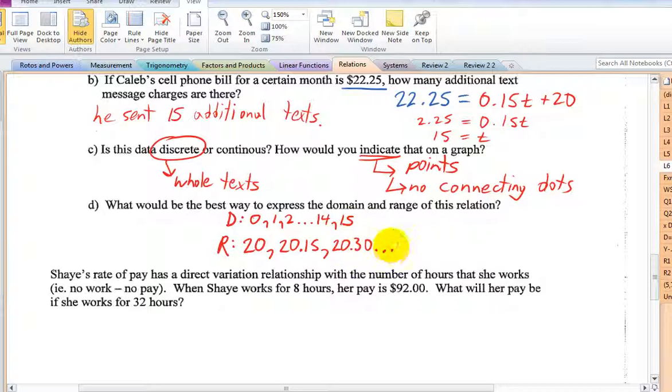Dot, dot, dot, all the way up to $22.25. So this time I just listed my final value. I'm even okay with that. Okay? It shows the pattern at the beginning, and that continues all the way up to $22.25. Thumbs up, down in the middle. Okay.